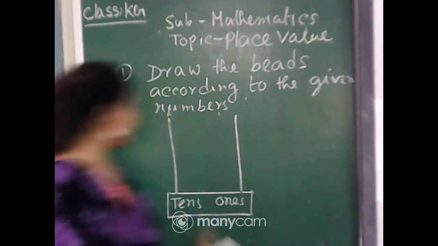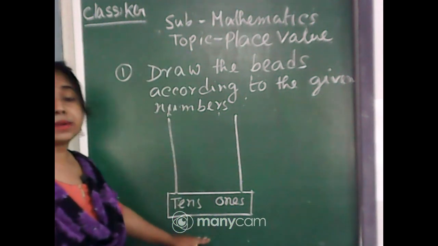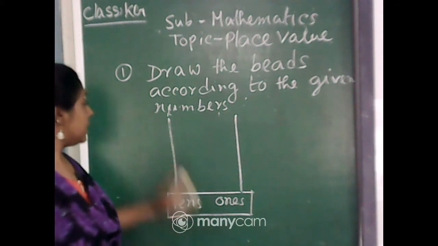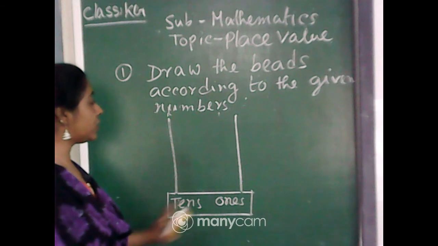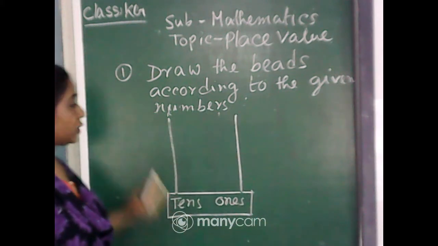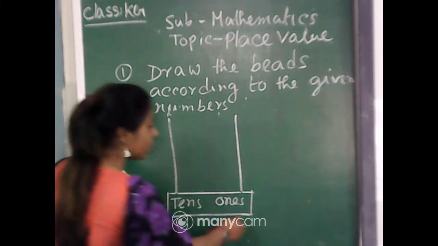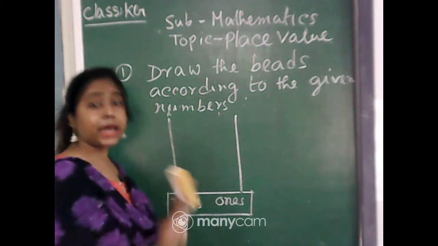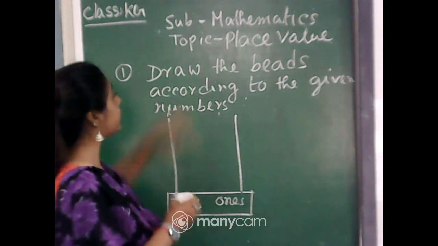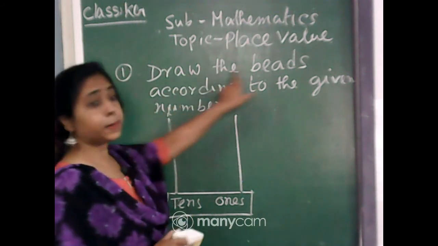Okay, so this is known as the abacus technique or abacus method. I have given you these 2 rods, 2 abacus system rods, and just written ones and tens, and I have given the worksheet with the question that is draw the beads.